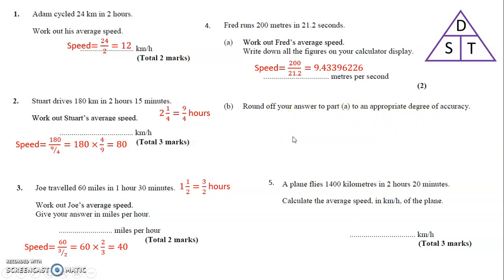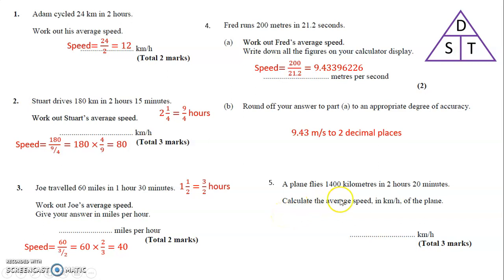So I've gone for 2 decimal places, because I know this is metres and centimetres, but it doesn't matter too much provided you say what accuracy you've used. So I've said 9.43 metres per second, to 2 decimal places, and I didn't need to round up because the 3rd decimal place is a 3.